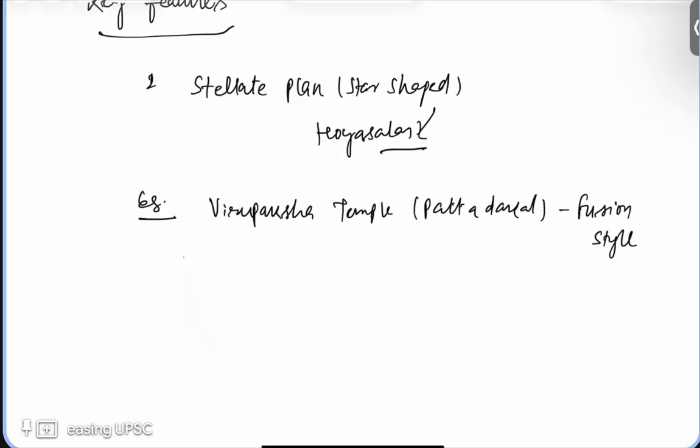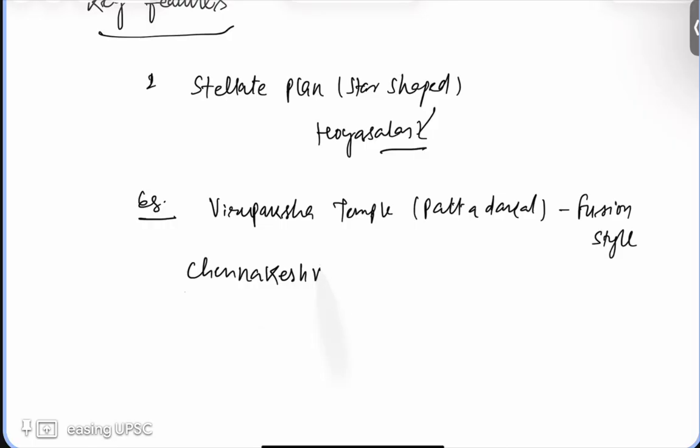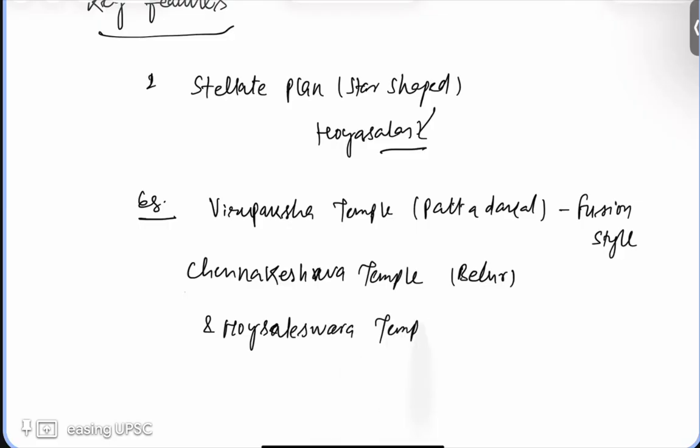And then next temple is Chennakeshava, Belur, and Hoysaleshwara temple.